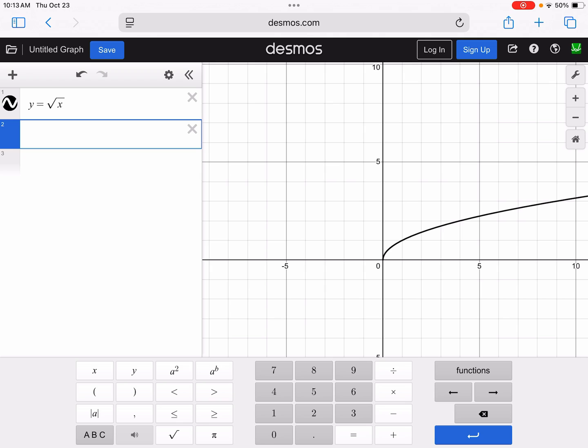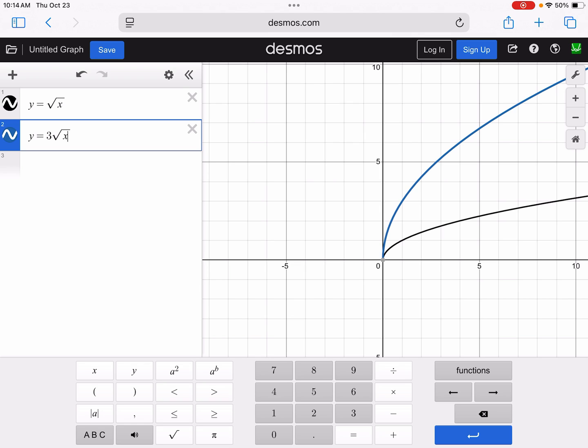So the graph is y equals 3 times square root of x. See, the graph is stretched away from the x-axis. This is the graph for the basic function. We multiplied by 3, and now the same graph goes away from the x-axis. This is our x-axis. When we multiply by a number greater than 1, it goes away from the x-axis. So this is the vertical scaling.